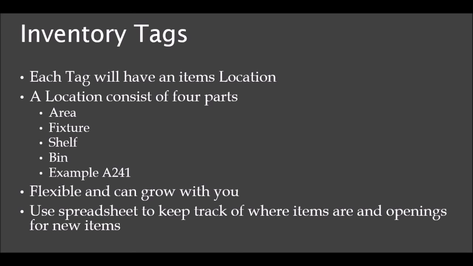So not too long of a video today. I hope that explains how you can set up an inventory system for eBay that's really, really simple. It can evolve and grow with you, and it can help you out when you cannot find an item that you've sold, even when it's not where it's supposed to be.